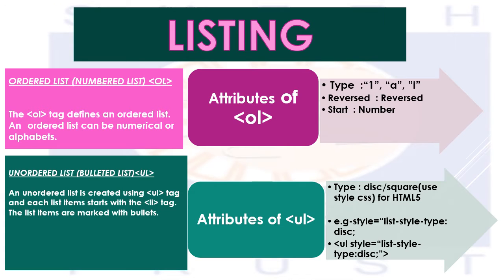Reversed in the sense that it is reverse numbering if you want to do. We use this very rarely, but this is also one of the attributes which has come this time. In HTML5 we have this particular attribute for the OL tag, that is reversed, and then comes the next attribute, that is start. That is, you are starting with a number, which is given as the start attribute. So these are the three attributes in the OL tag.